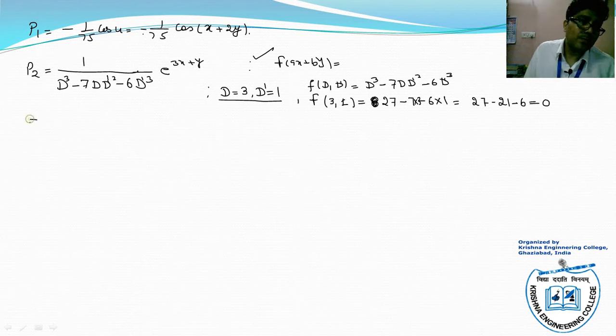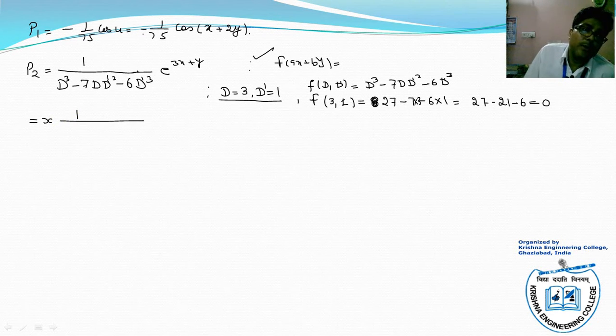So multiply by x and differentiate the denominator partially with respect to capital D only. So this becomes 3D squared minus 7 D dash squared.